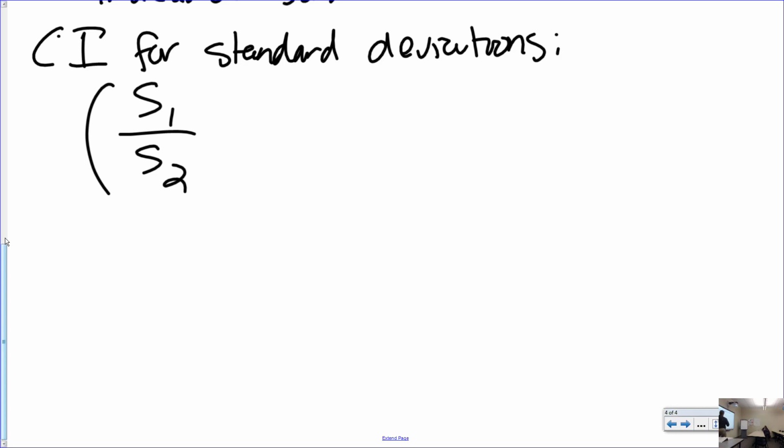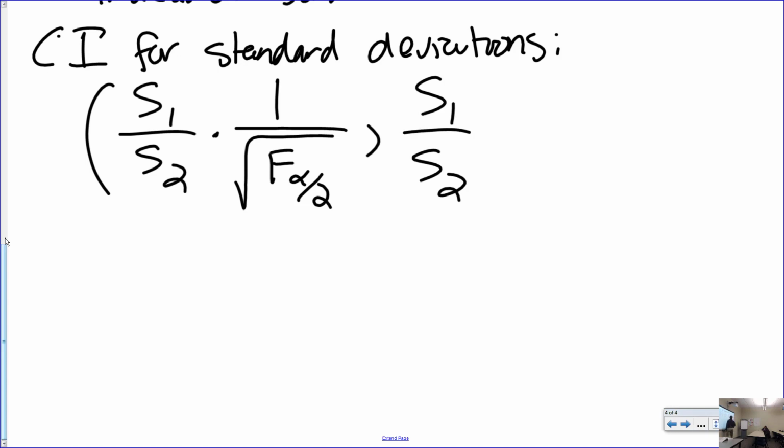And then you're going to multiply by 1 over the square root of the F statistic, at alpha over 2, where alpha is, again, 1 minus the confidence level. And then the upper limit of your confidence interval is, again, just the division of your standard deviations, and now instead of alpha over 2, you use 1 minus alpha over 2.